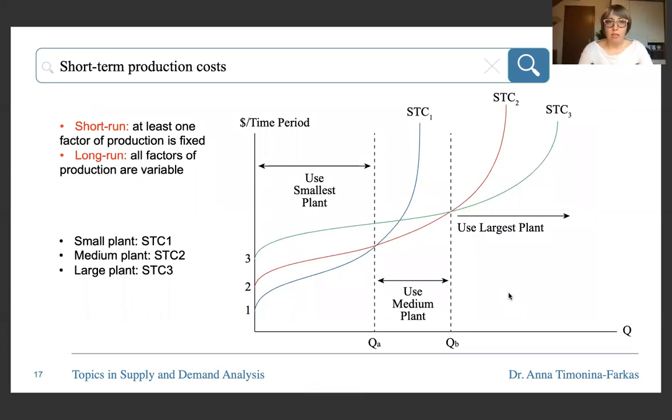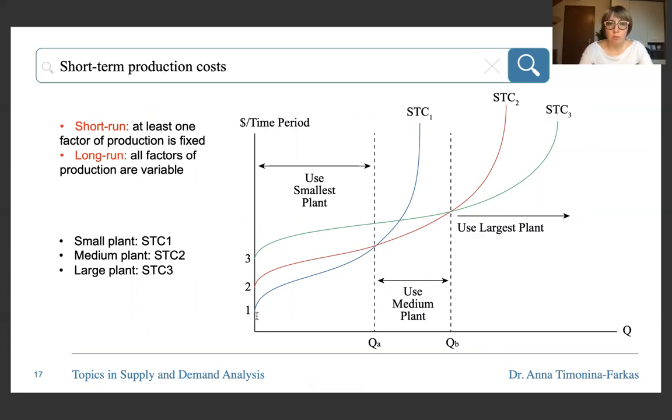Then I would like to remind you and give you an example for short run operations. In the short run, at least one factor of production is fixed. But in the long run, all factors of production are variable. Let us consider a very small example of three plants.